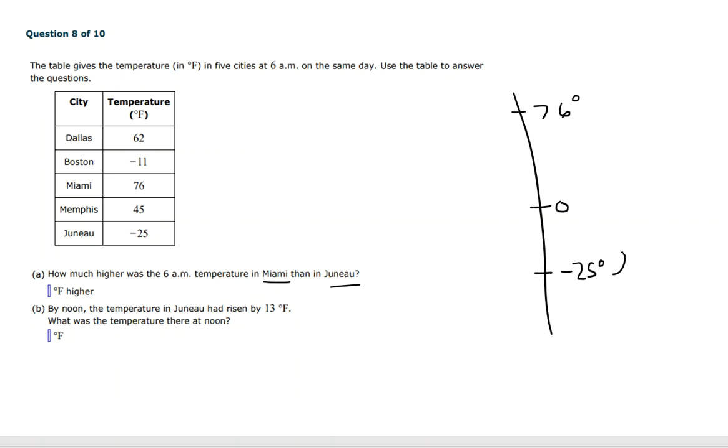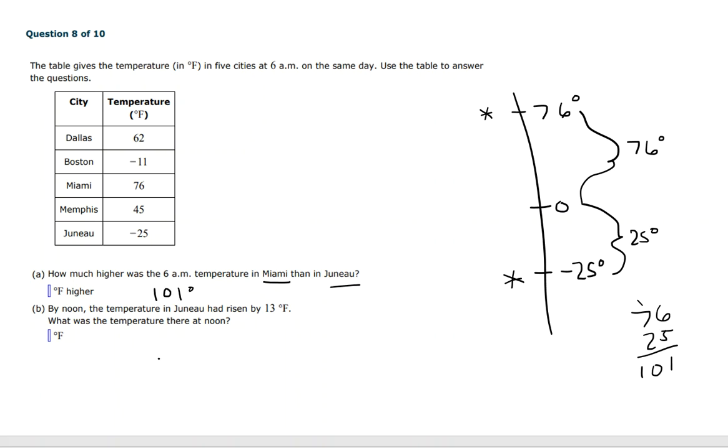Well, from here to here is 25 degrees higher, right? And then from here to here is another 76 degrees. So the total change from negative 25 to positive 76, we would have to actually add these two together. So that would be 101 degrees.